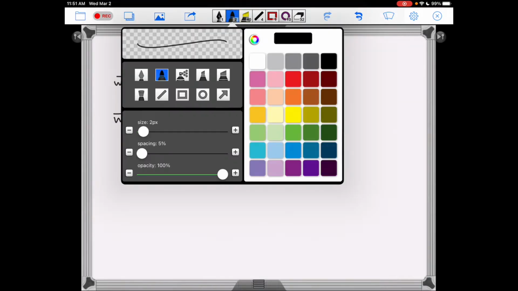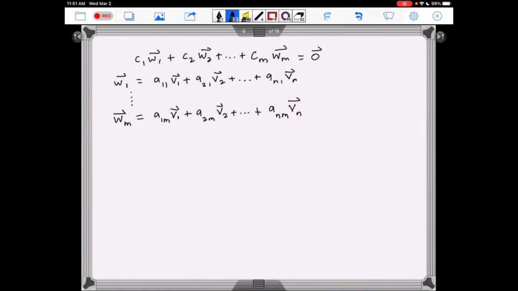So what I'm going to do is I'm going to replace. Now, actually, before I do the replacing, let me write this using sigma notation, okay? So each W is going to equal, so this is AI1 VI, and all of them can follow that same pattern. This is going to be AIM VI. Okay, and the sum, of course, is going from 1 to n.